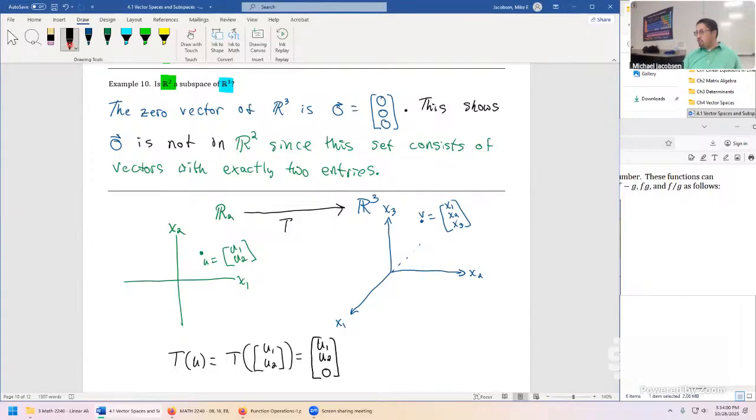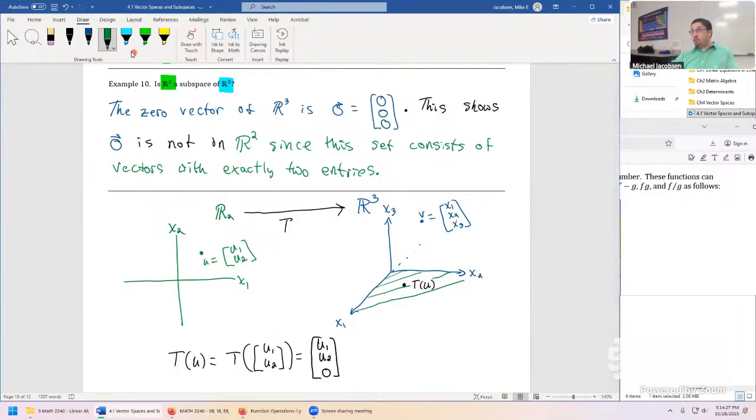So if we do that transformation, this vector, wherever it was, just gets mapped down to over here. So here's T of U. And it's in this interesting sense, in this point of view, R2 kind of fits inside of R3, not as a subspace, but through a linear transformation.